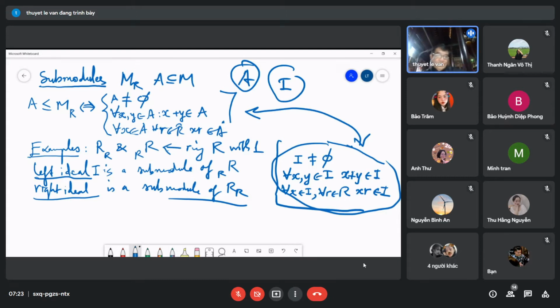So I know that, because in a ring, the left ideal is not a right ideal.